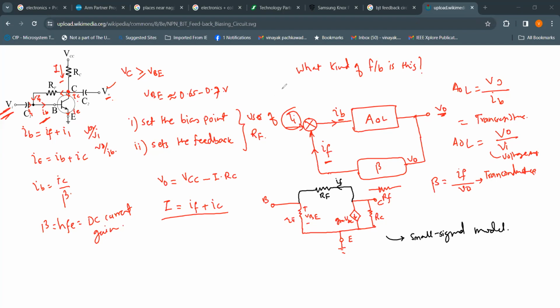So this is basically called voltage shunt feedback. Okay, or also called voltage current feedback.